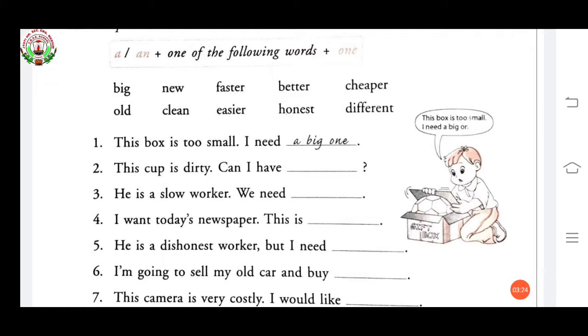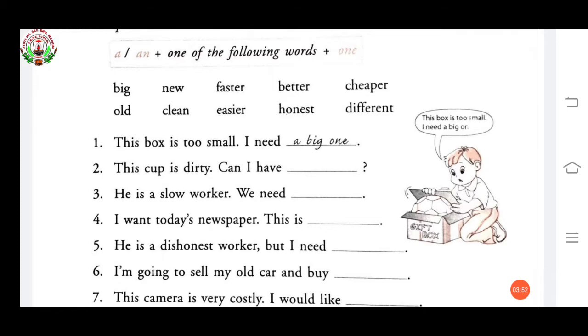Now see the second one. This cup is dirty. Can I have a clean one? Third one. He is a slow worker. We need a faster one. Fourth one. I want today's newspaper. This is an old one.